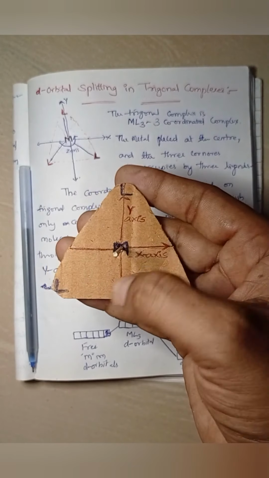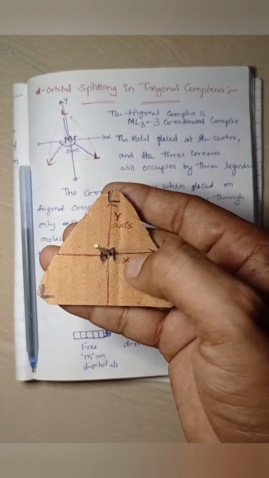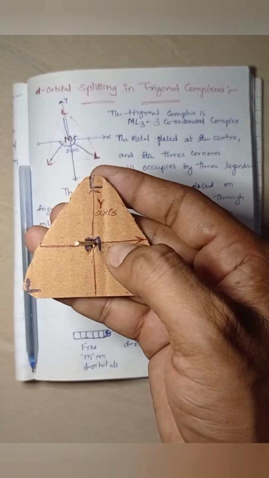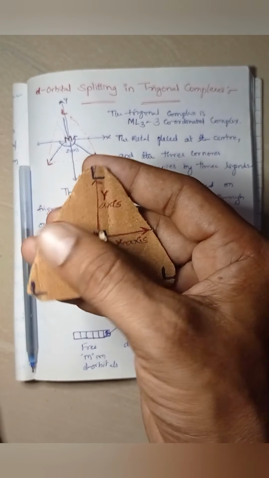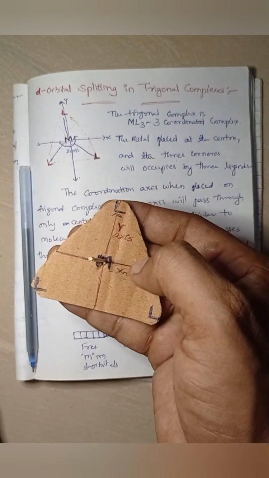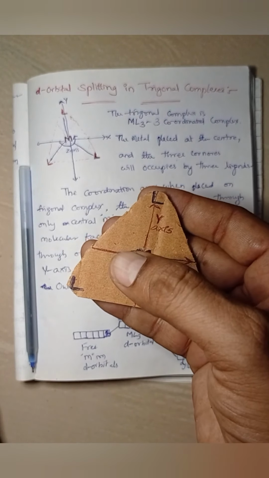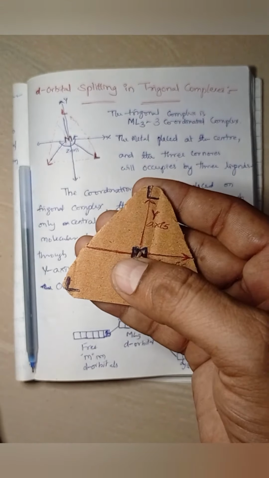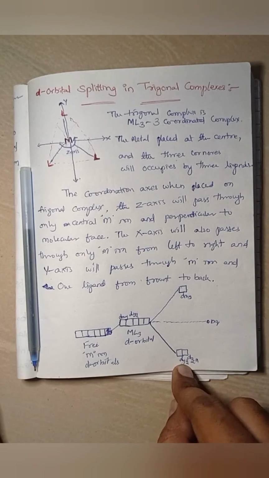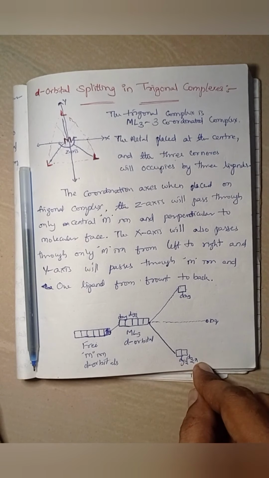Let us see here on the model: this is the x-axis, this is the z-axis, so one lobe will be here above, another lobe here, and similarly two lobes downward. These lobes above and below also have a larger distance from the ligand sides, so they cannot interact with the ligand sites, and are stabilized, lowering the energy like dyz. So dyz and dzx exist together as a doubly degenerate state at the lowest energy level.